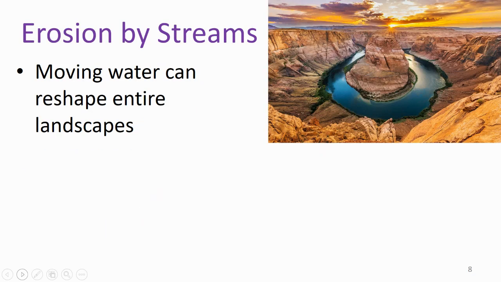We also have erosion by stream. So a stream is going to be flowing water. And moving water can really reshape entire landscapes. How much a stream can erode is going to be greatest with a large volume of water that is moving rapidly.